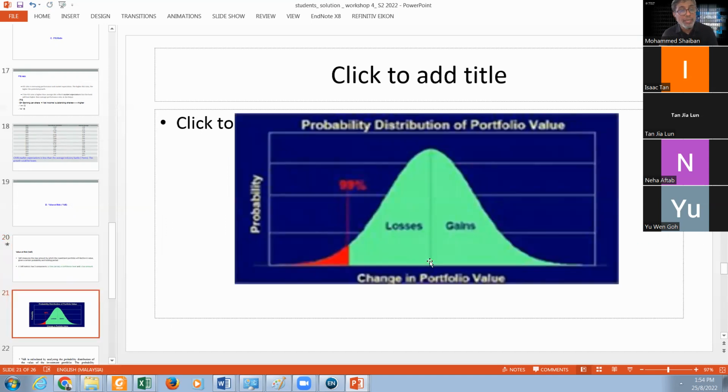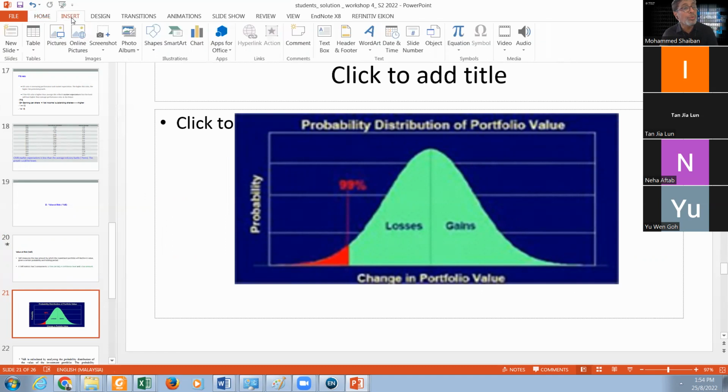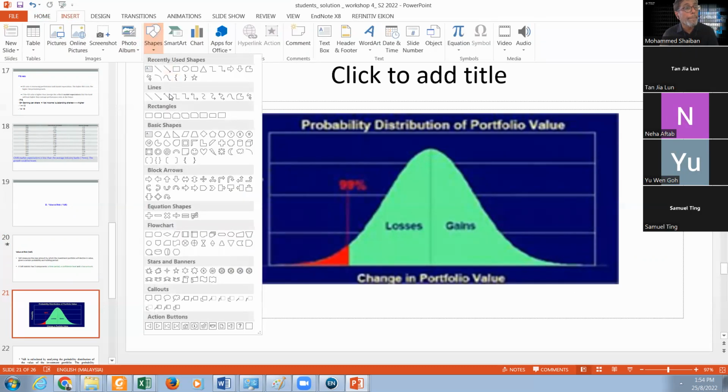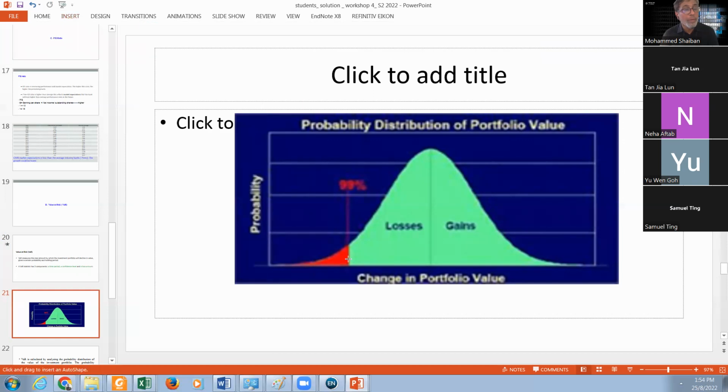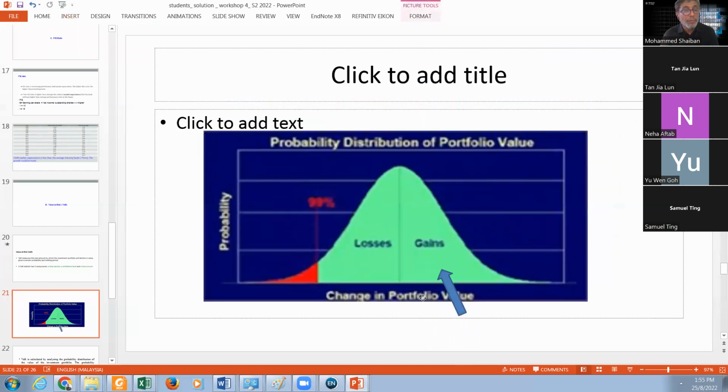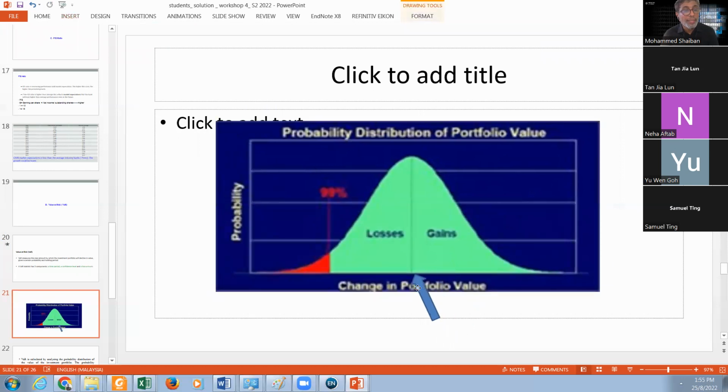So you have here, in the middle here, this is the middle, okay? This is the middle, which is the average. This is a distribution of the price.